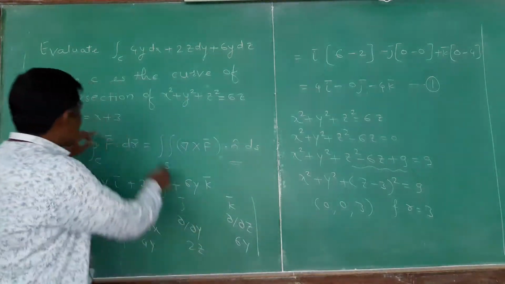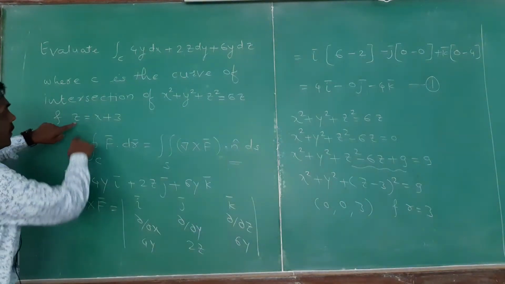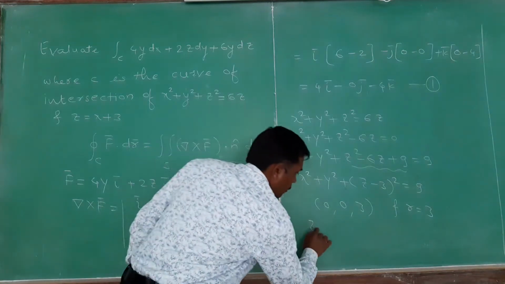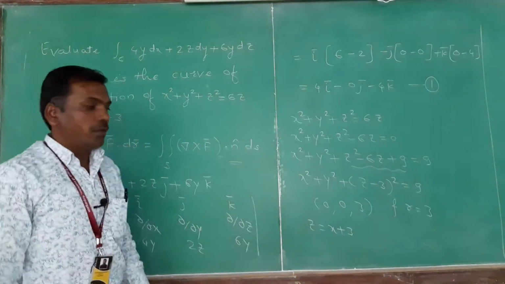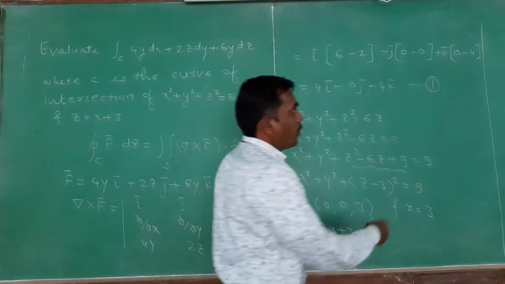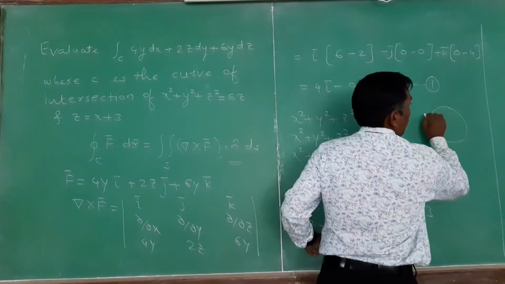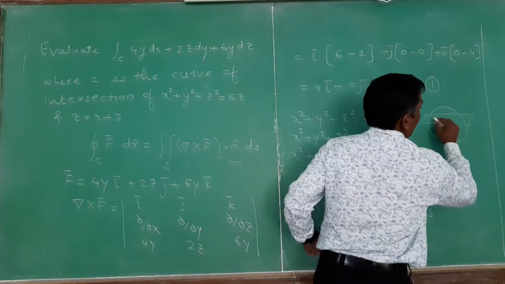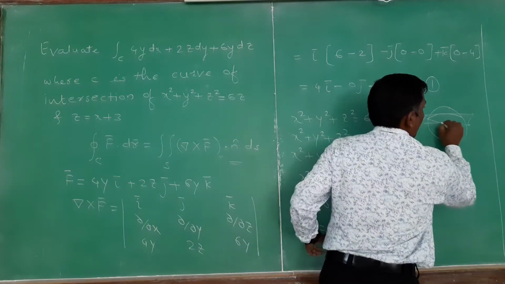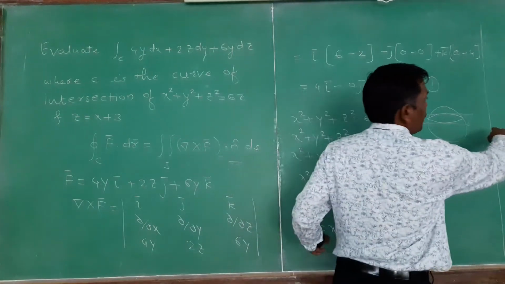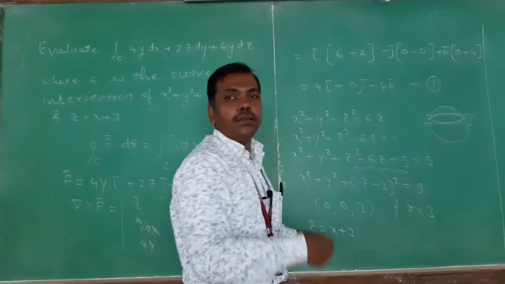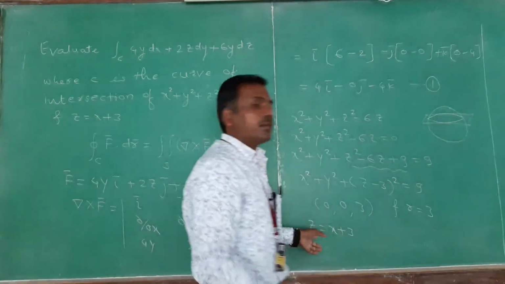Now one more plane is given here. So here z is equal to x plus 3. This is our plane, and we know that a sphere cut by a plane gives a circle. Now the question is whether that circle passes through the center of the sphere or not. Depending on that, great circle and other circles are there.